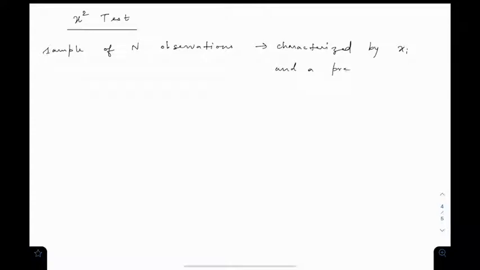So consider a sample of n observations which are characterized by the values xi of a variable x and a prediction f0(x) of their distribution.